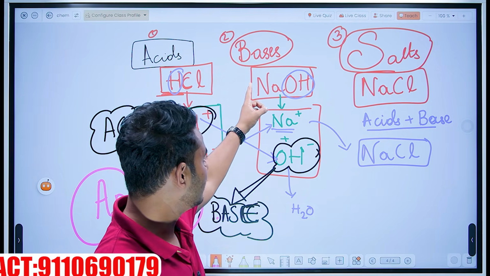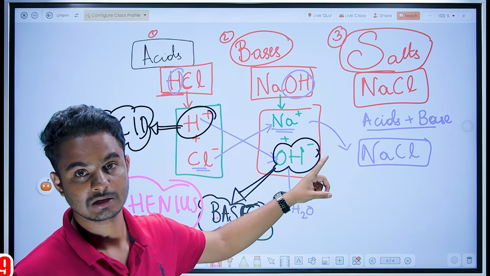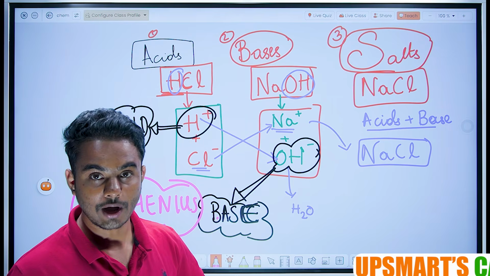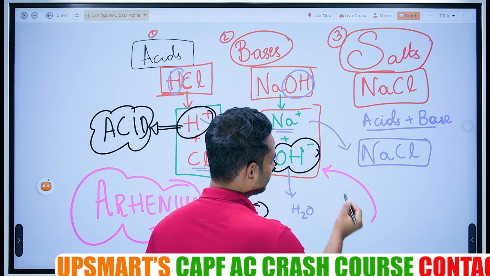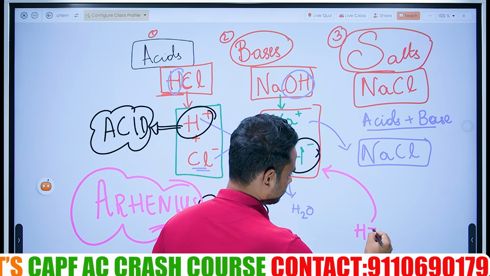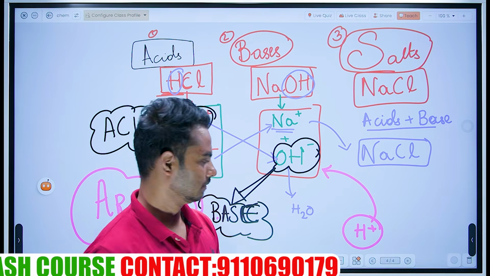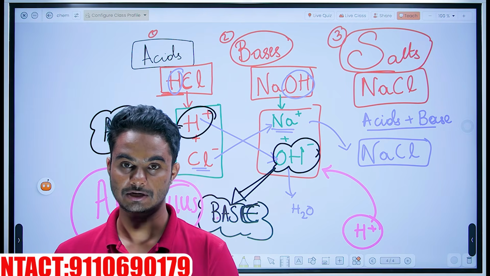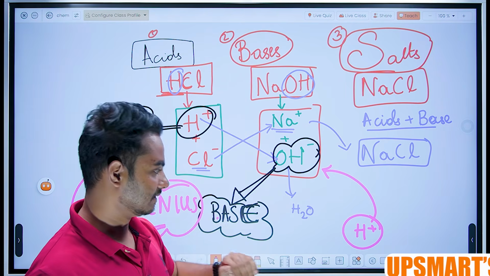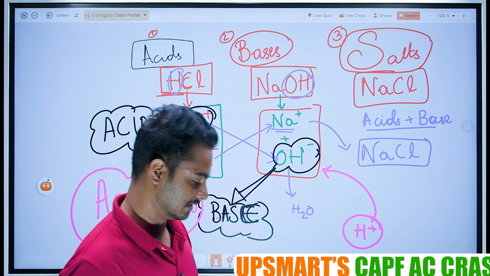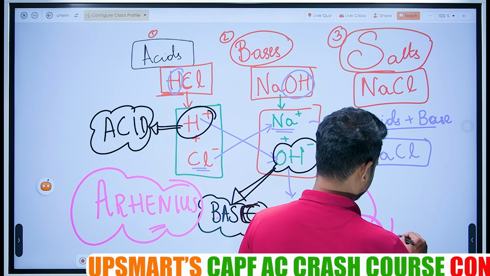And along with this, there is one more thing. A base releases OH-, or it can also accept H+. It has an ability to accept H+ from an acid. If it has the ability to accept H+, then also it is called a base. And this theory was given by Lowry.